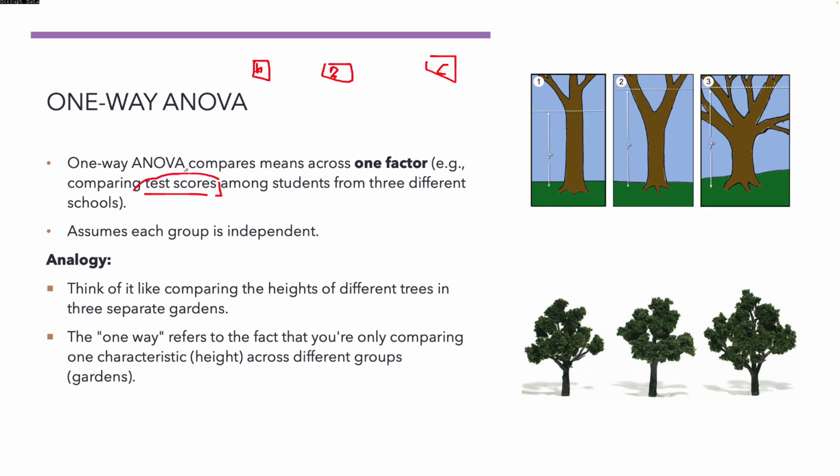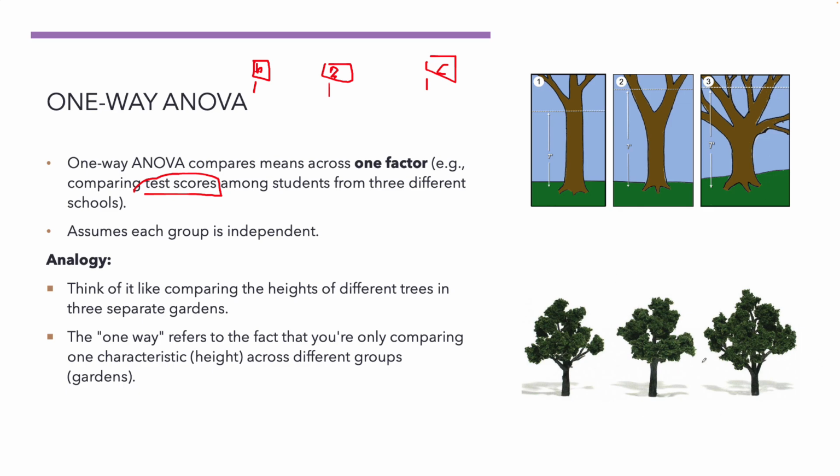Well, I would run a one-way ANOVA that is looking at test scores. It's going to identify between group variance and within group variance. I am going to have to run a post hoc test, and it will tell me which school has the better test scores. And same thing here with trees, right?